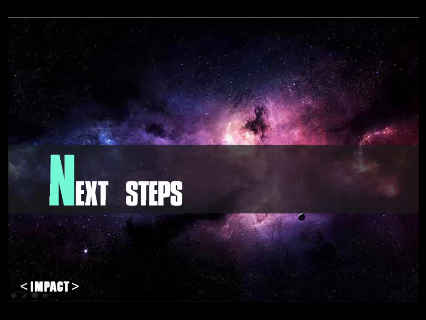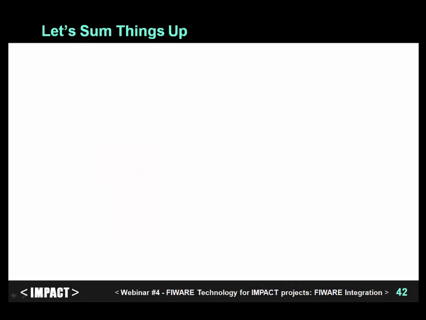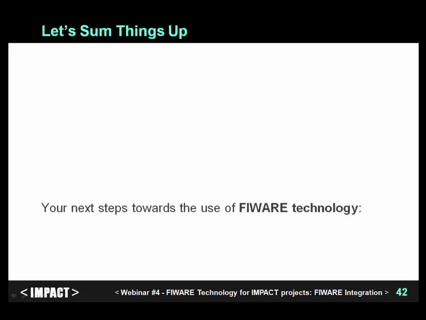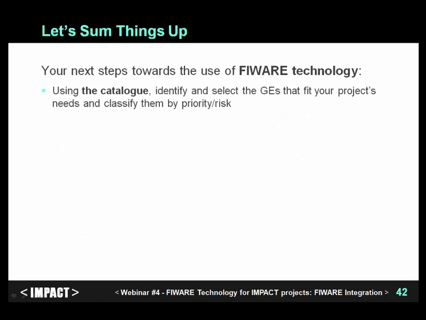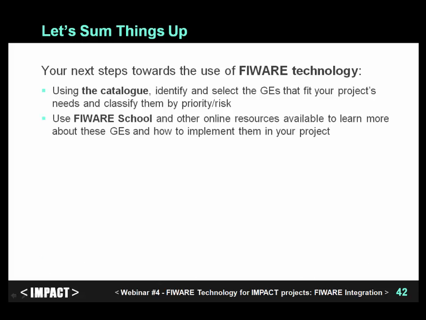So we're getting to the end of this webinar, but I don't want to finish it without reviewing with you the next steps you should be taking in order to advance in your implementation with FIWARE technology. Let's sum things up. Your next steps towards the use of FIWARE technology should be, first, using the catalog to identify and select the general enablers that fit your project's needs.